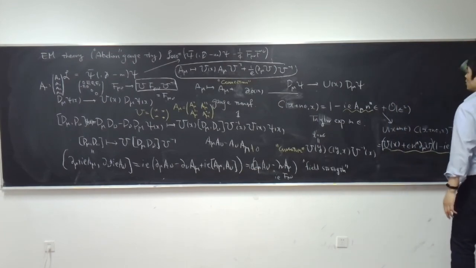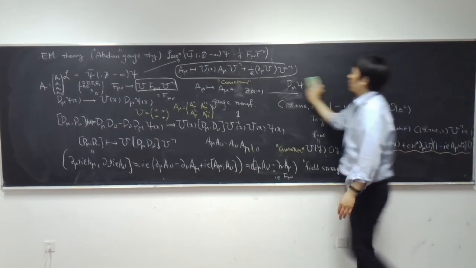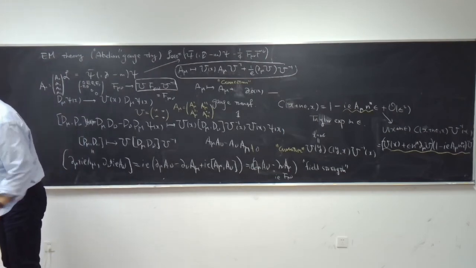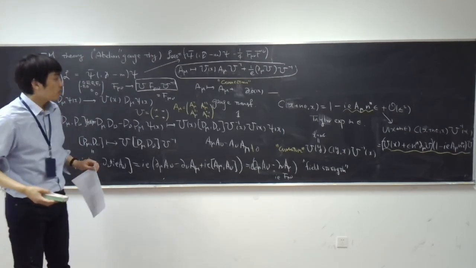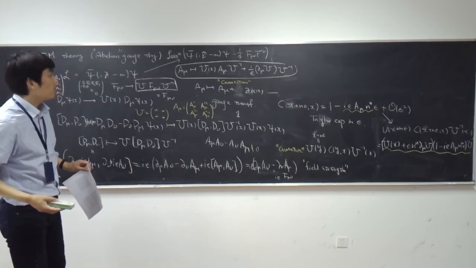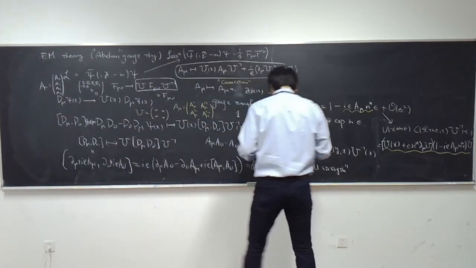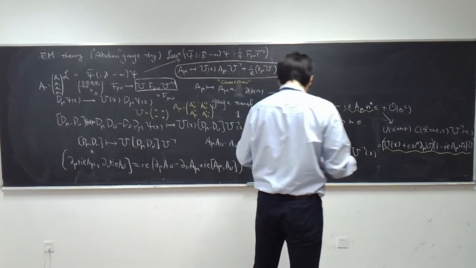And so on, the theory of vector bundles. Oh my goodness, did I erase it? Unfortunately, I erased it. I think I should explain a bit more about the Wilson loop.